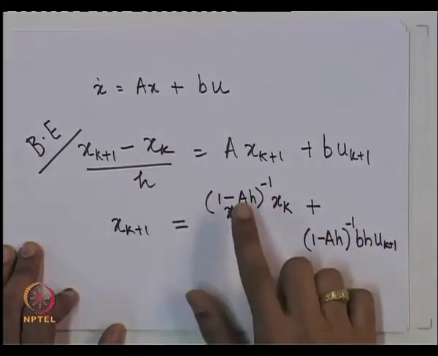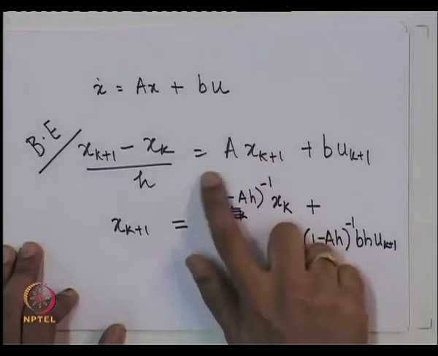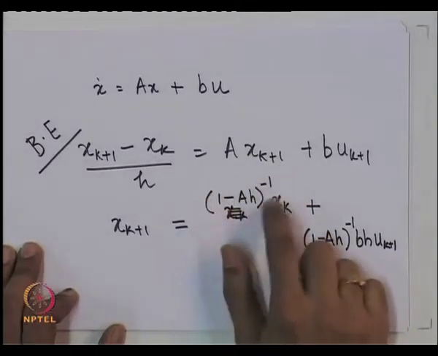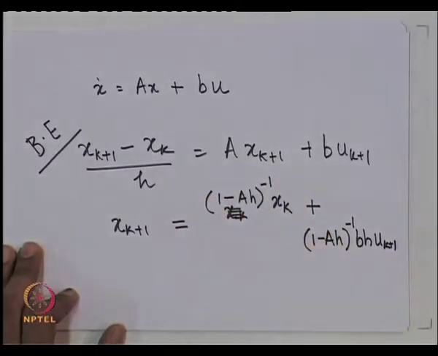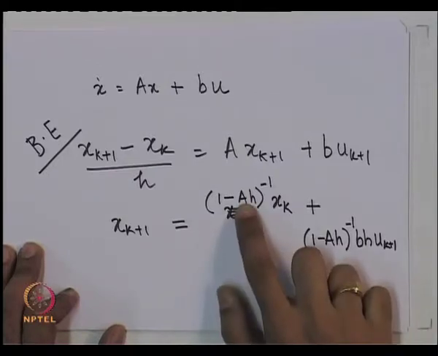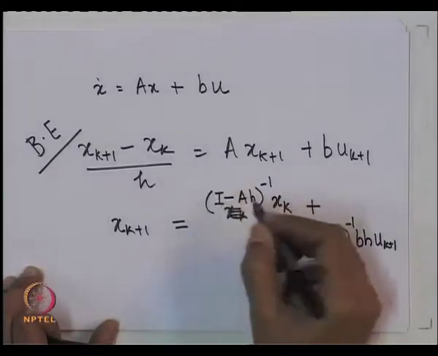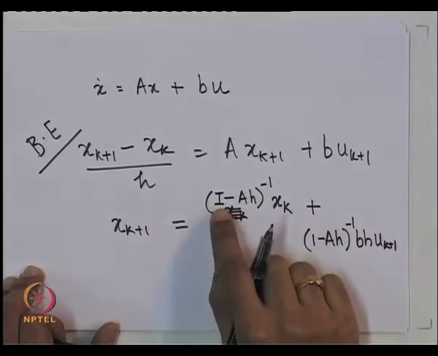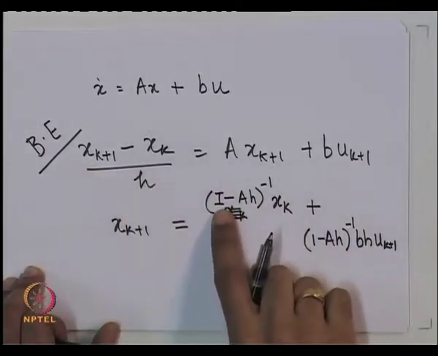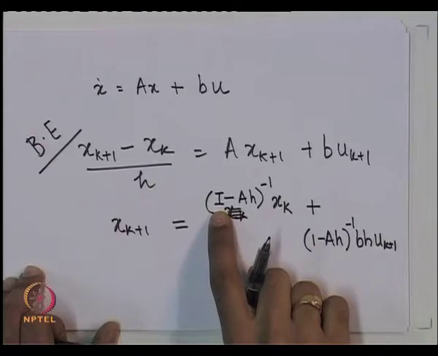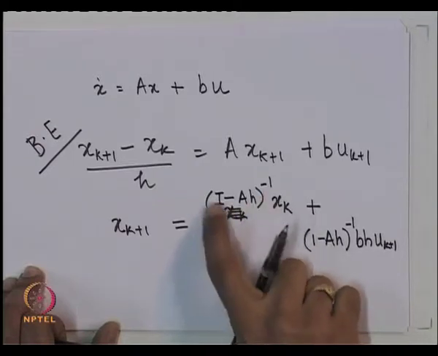But again, if you are working with very large systems, it is not a good idea to compute the inverse explicitly. The reason being that if A is sparse, the inverse of I minus A h, I is incidentally an identity matrix, something which I did not mention earlier, this particular matrix, the inverse may not be sparse.